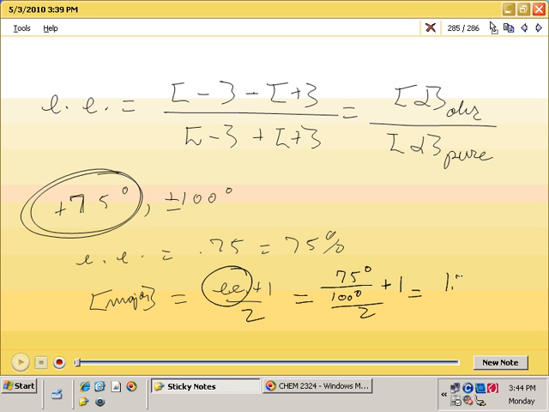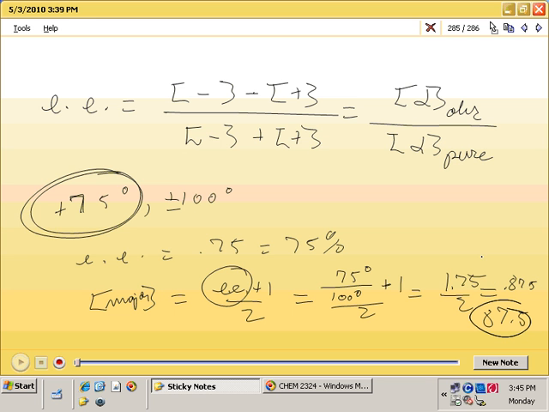So this turns out to be 1.75 divided by 2. If I do my math correctly, this gives 1.75 over 2, which is 0.875, or if you want, 87.5%.